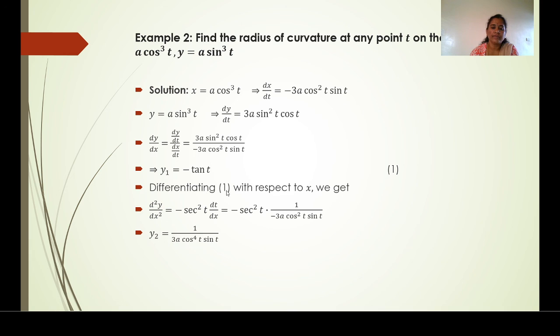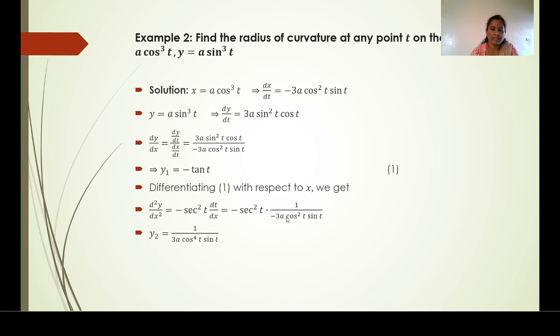Again differentiate equation 1 with respect to x. We get d square y by dx square is equal to, since it's a function of t, the tan t derivative is minus secant square t into dt/dx, which is equal to minus secant square t into dt/dx. Here dt/dx is 1 by (minus 3a cos square t sin t).